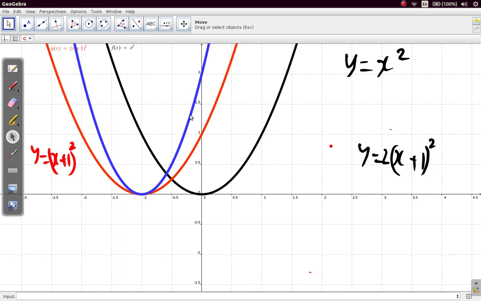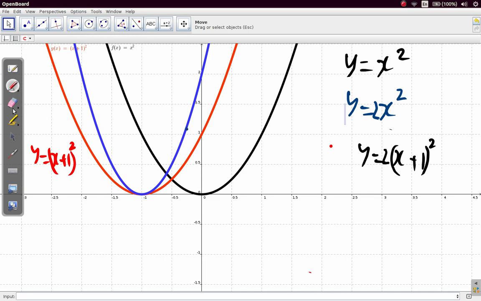Suppose instead of having x plus 1 squared, then what we have is y. In fact, let me write it in blue. I want it in blue. Y equals 2x squared. Let's change it to 2x squared, because I notice it modifies x plus 1 squared by making it steeper. 2x squared should modify x squared by making it steeper.